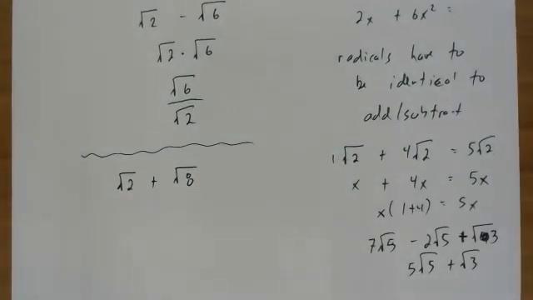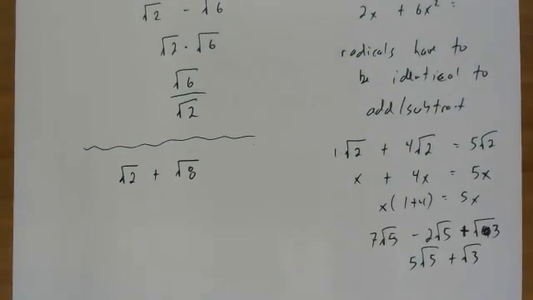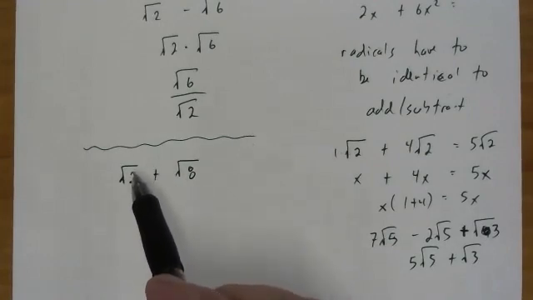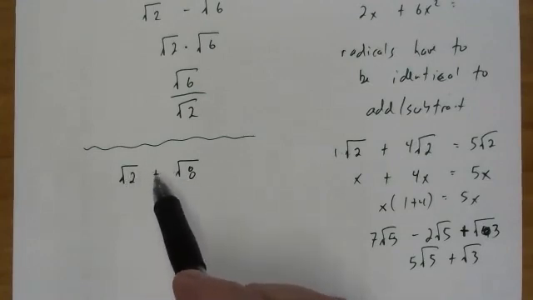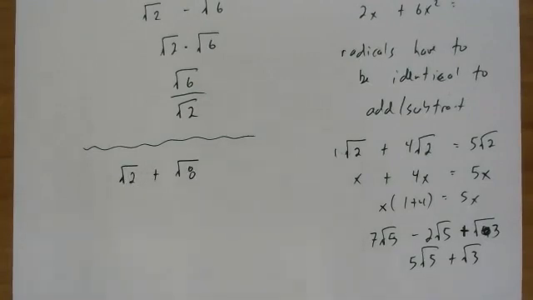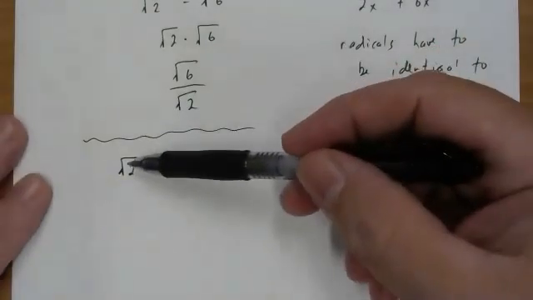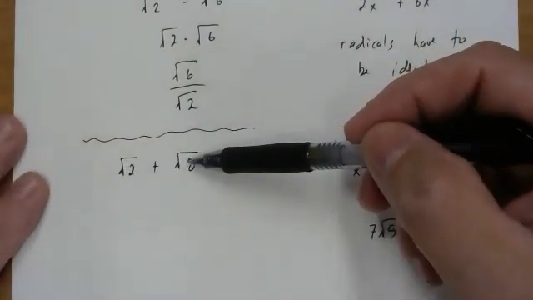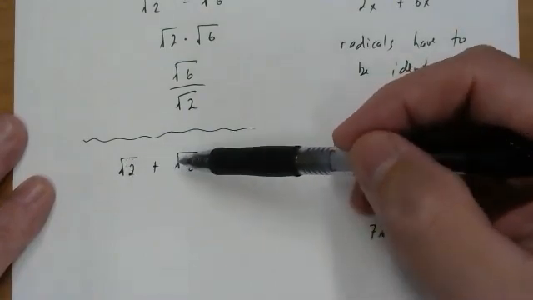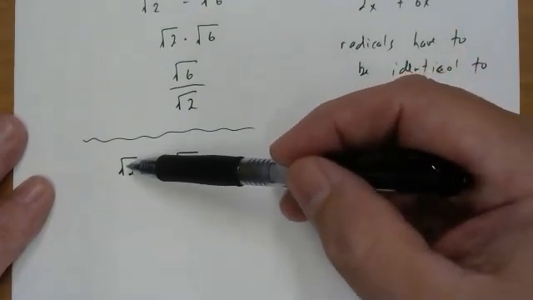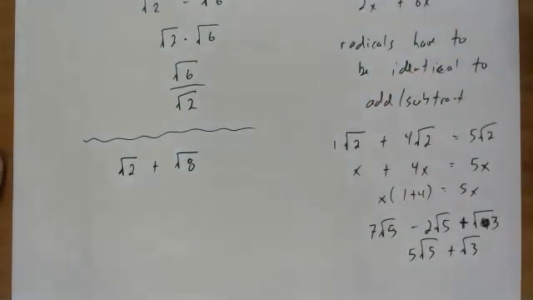You're given this, and our little rule we learned says, well, these square roots have to be identical. Square root of 2 plus square root of 8, they're not the same. Therefore, it looks like I cannot do anything. However, that's not actually true in this case, because what you have to remember to do is, before you make that determination, you have to go in and take each term and see if it can be simplified.